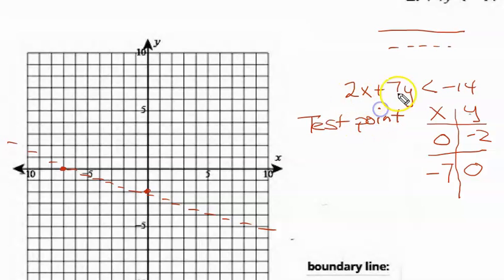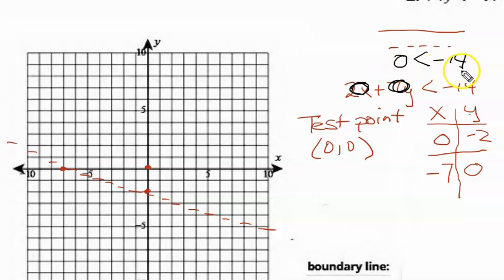Now we want to use a test point to see which part we're going to shade. And a common one often is the origin here, which is 0, 0. So let me put this in black here so we see the difference. So if x is a 0, this is a 0 here. If y is a 0, this is a 0. So basically we have 0 is less than -14.